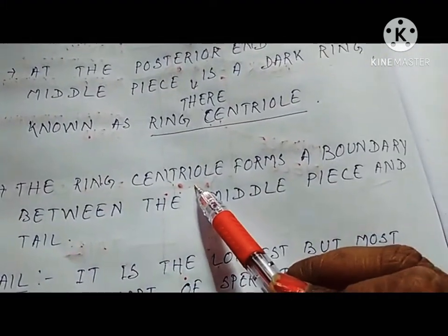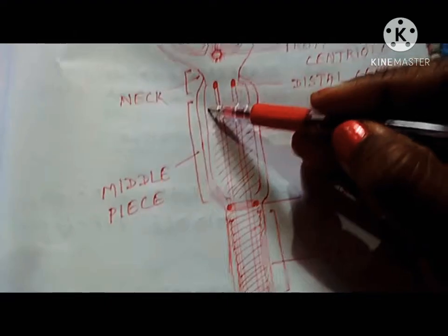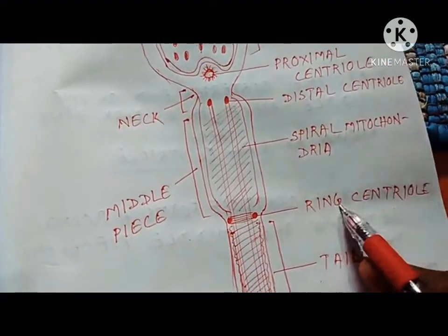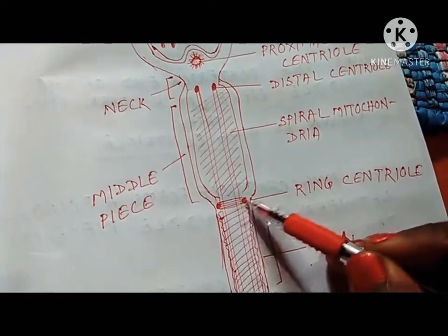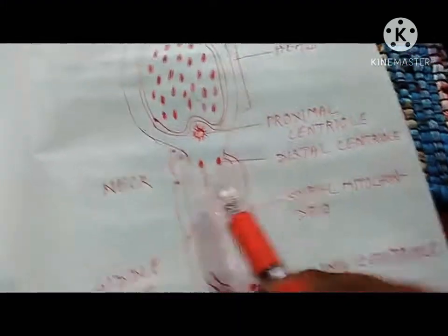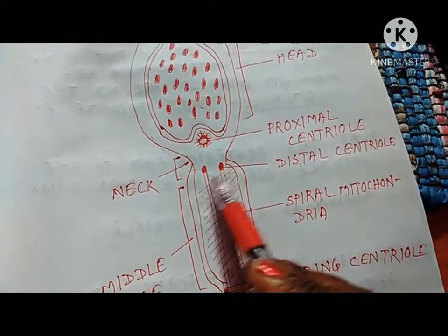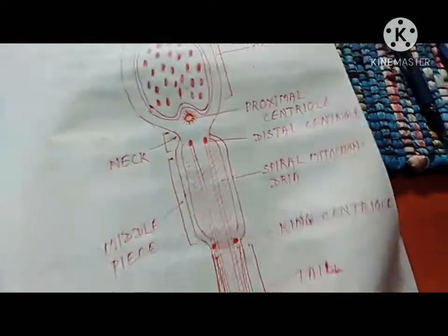The ring centriole forms a boundary between the middle piece and the tail. The anterior portion of the middle piece consists of another centriole, called the distal centriole, after the proximal centriole.